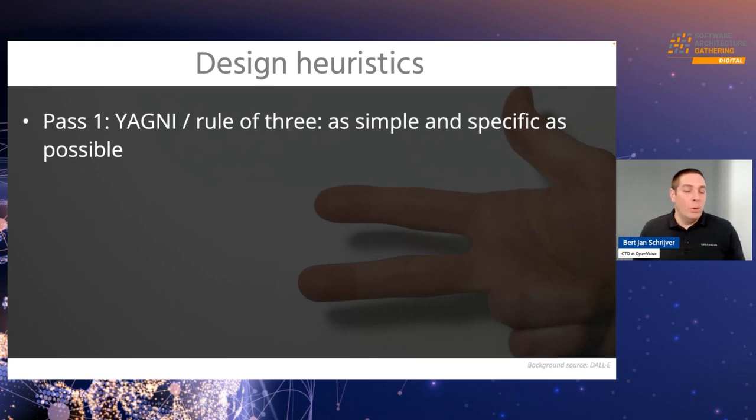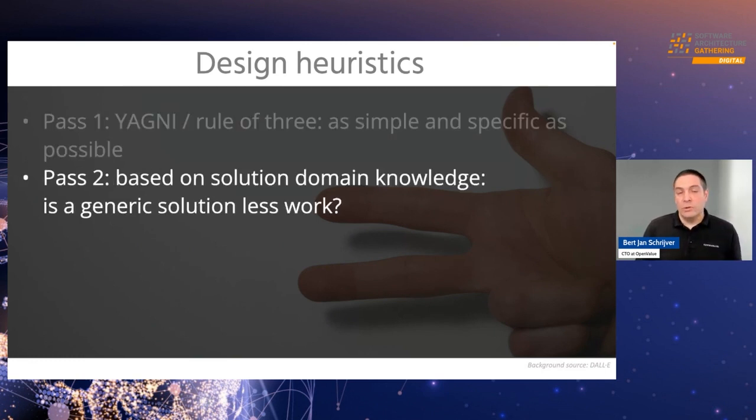So one tool you can use is design heuristics. The first pass is you apply YAGNI and the rule of 3, as simple and specific as possible. Then a second pass based on your knowledge of the solution domain, so how the solution looks: is a generic solution less work? If so, it may be a good idea.